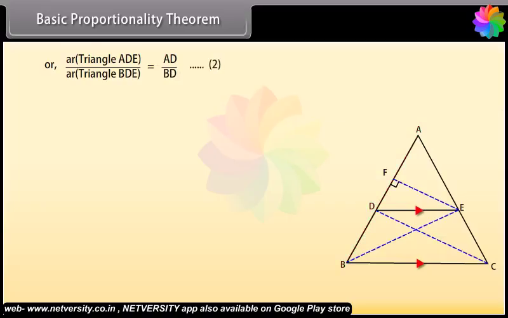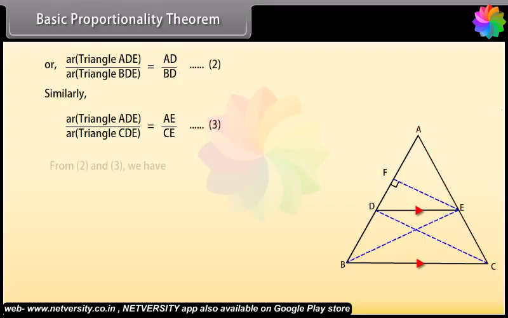Mark it as 2. Similarly, the area of triangle ADE upon area of triangle CDE is AE upon EC. Mark it as 3. From 2 and 3 we have AD upon BD equals AE upon EC, hence proved.